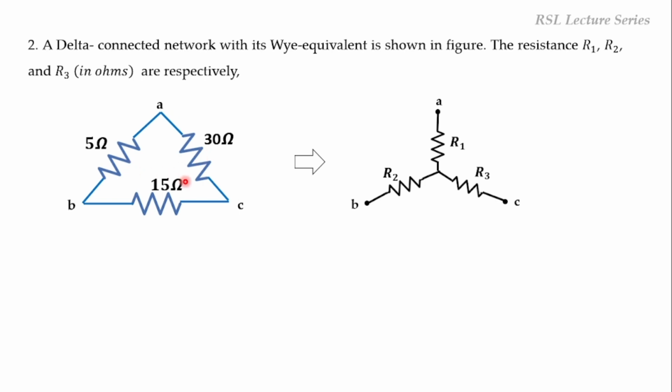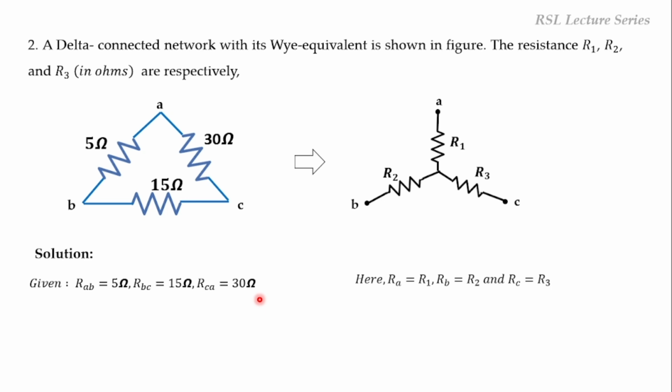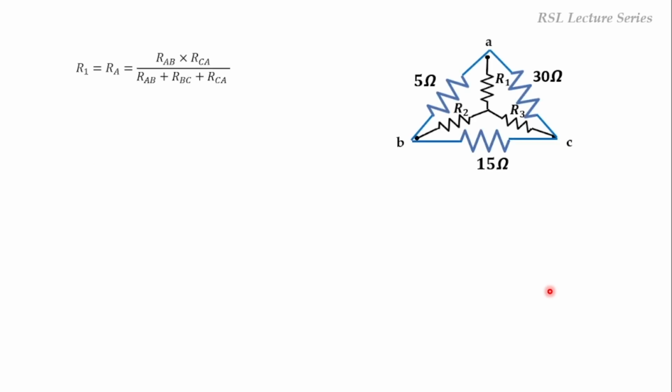Let's write the given data. RAB is equal to 5, RBC is equal to 15 and RCA is equal to 30 ohms. Now we have to find R1, R2 and R3. Let us consider RA is equal to R1, RB is equal to R2 and RC is equal to R3. We already know the formula for the star equivalent.